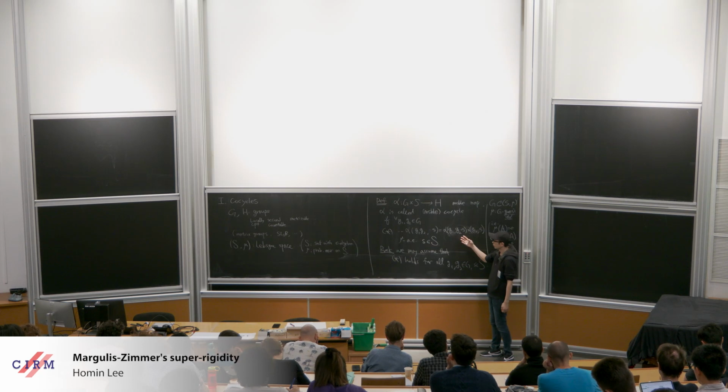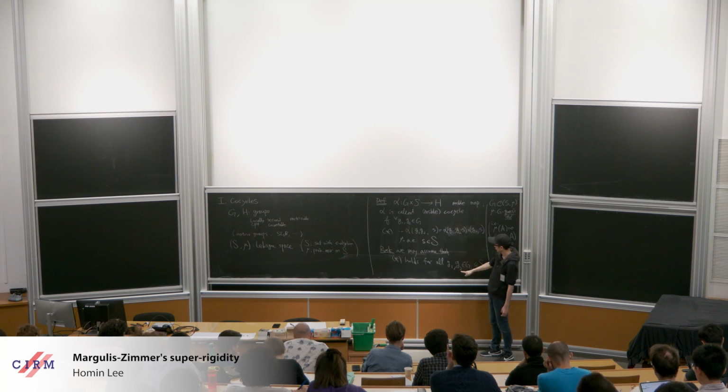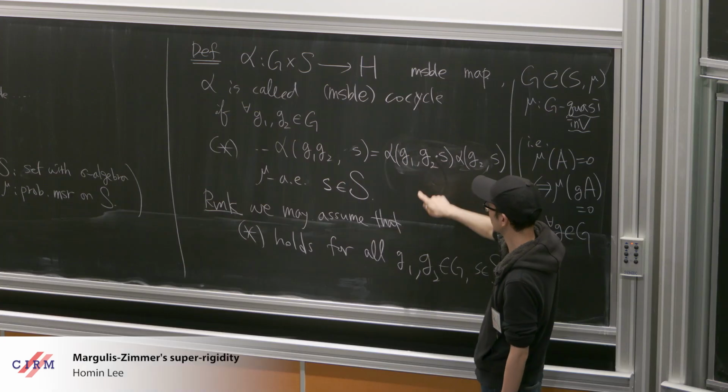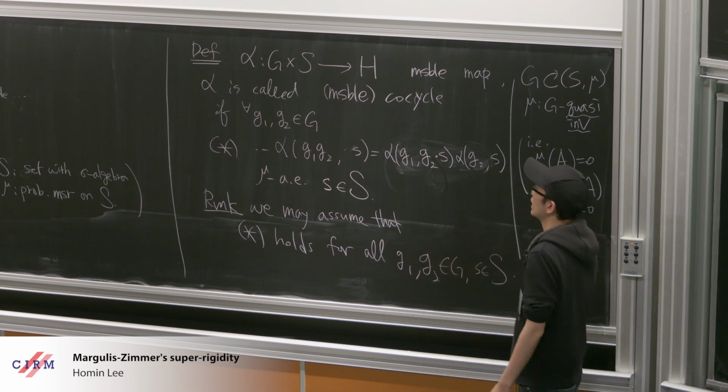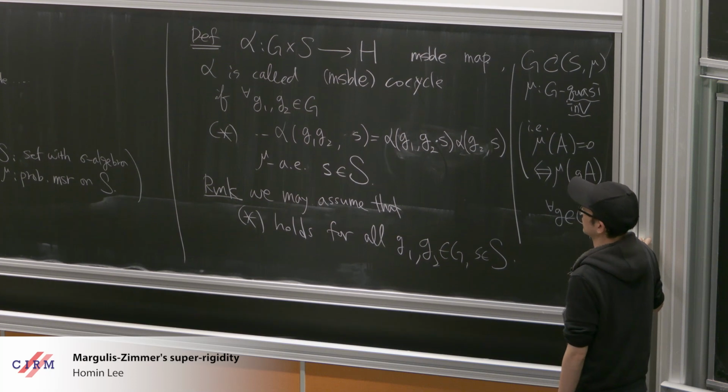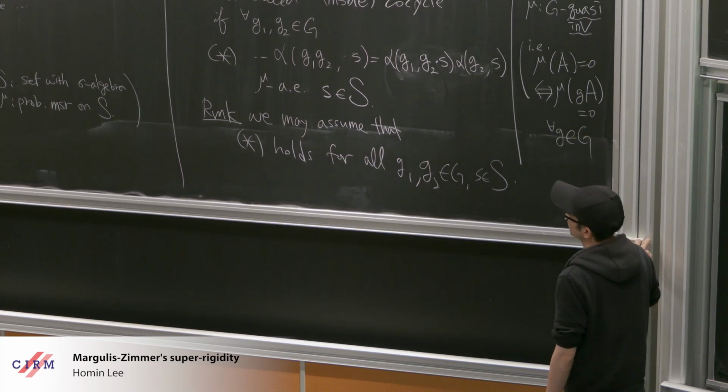So more precisely, you can find alpha prime, which is a measurable map, that satisfies this equation for every S and every G1 and G2, so that alpha and alpha prime are the same almost everywhere.